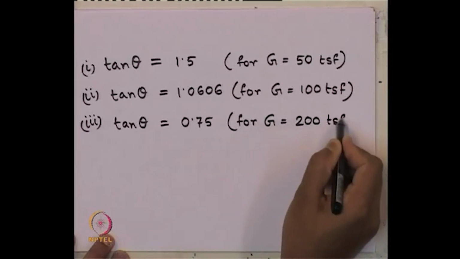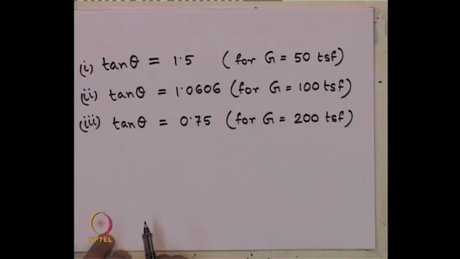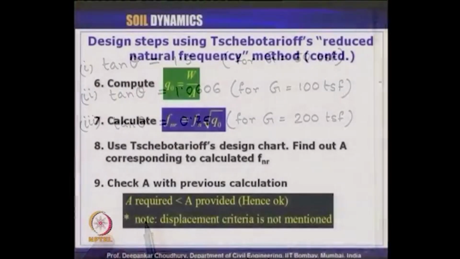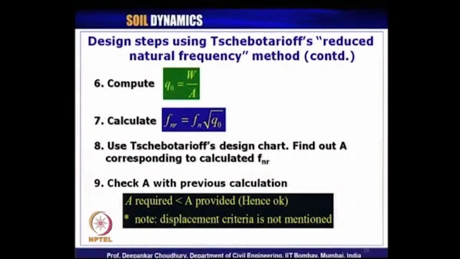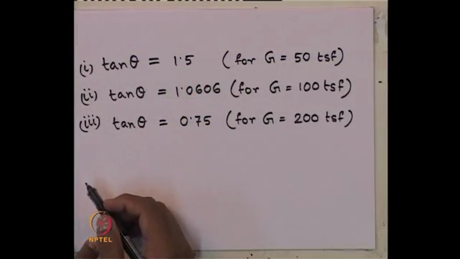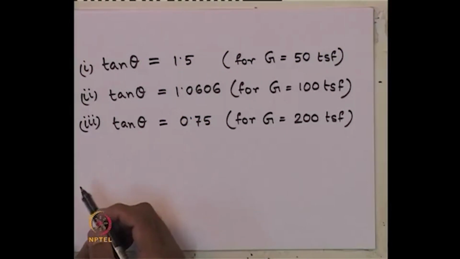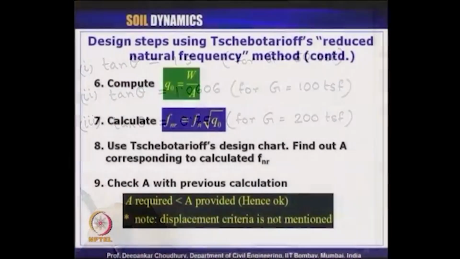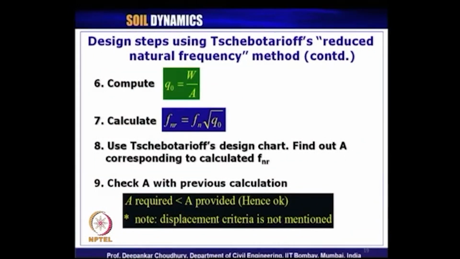So, after this we have to go to the next step, that is step 8, where we had already calculated these tan theta values using Tschebotarioff's chart in the same step actually. Now, corresponding to this FNR value and the tan theta we have calculated, we can calculate the A value in the same step.